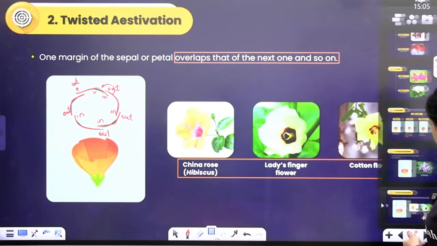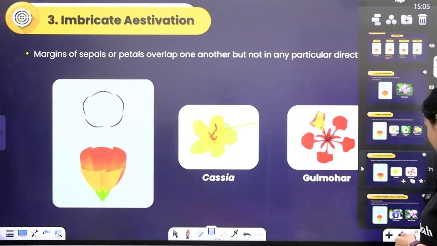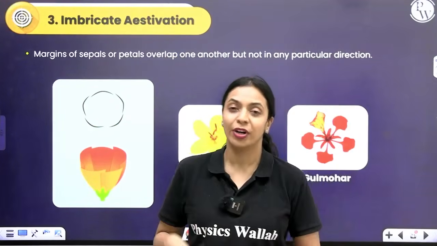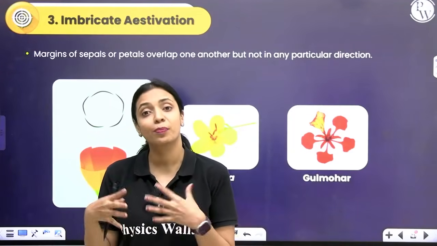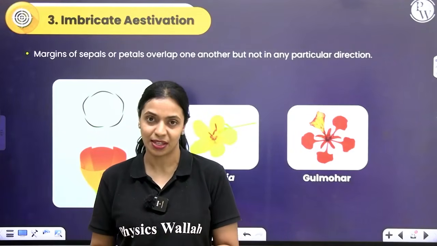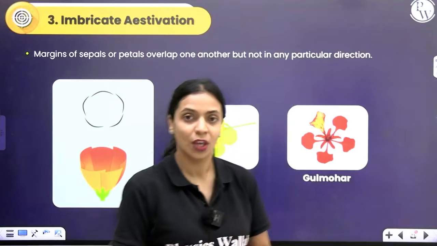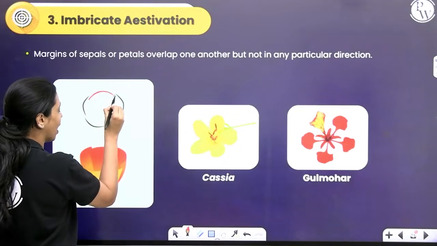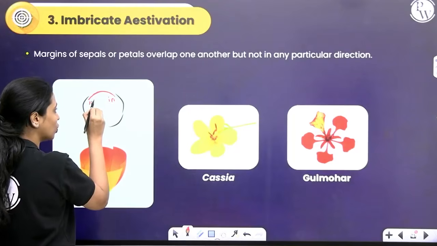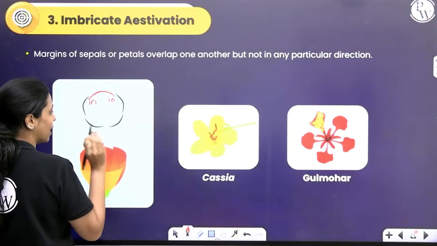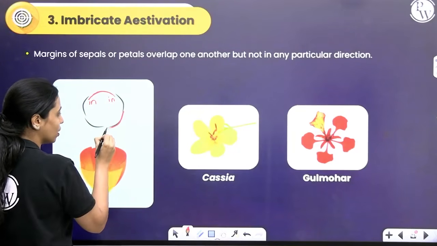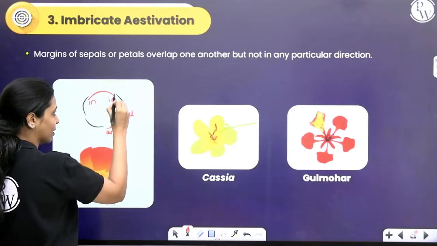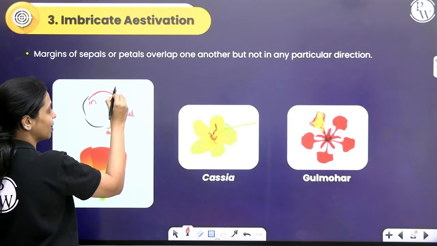Okay. Next, imbricate aestivation. In imbricate aestivation also you see overlapping, but it does not happen in a specific particular direction like it happens in twisted aestivation. Over here you can see how some petals like this one are both inside. On both the margins it is inside. There are some petals which are on both the margins outside. And there are some petals or sepals that are half in, half out.